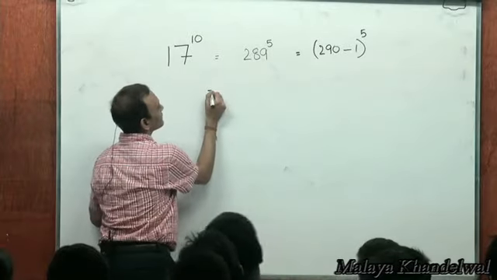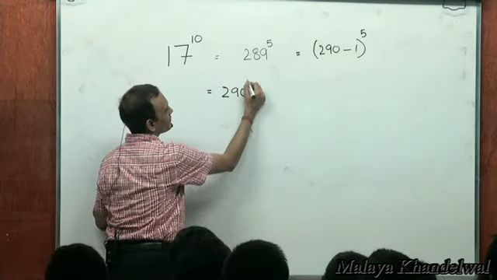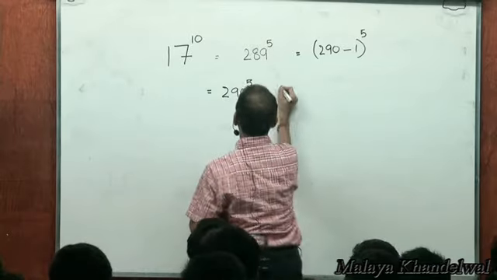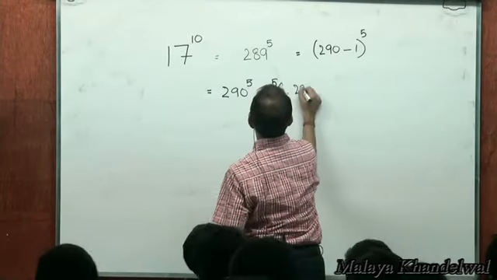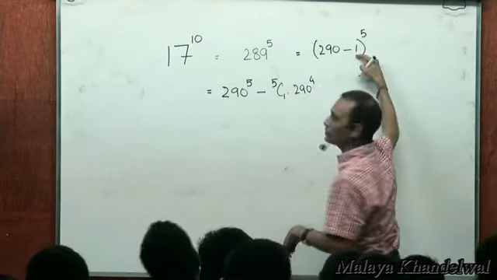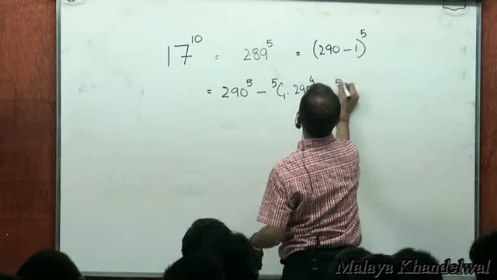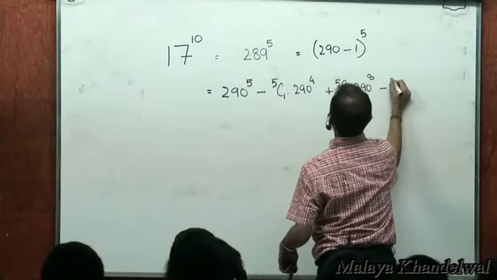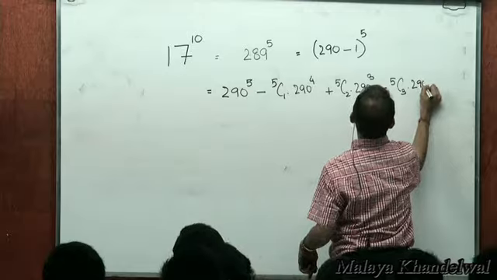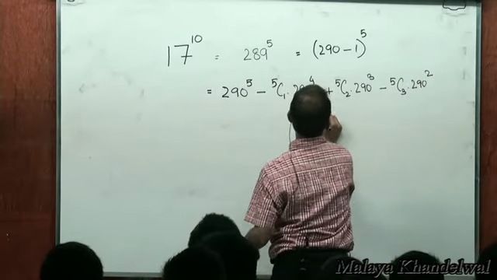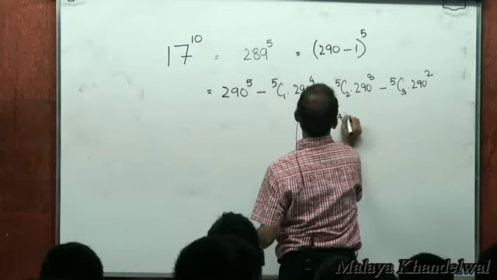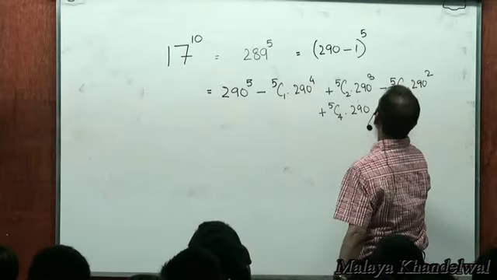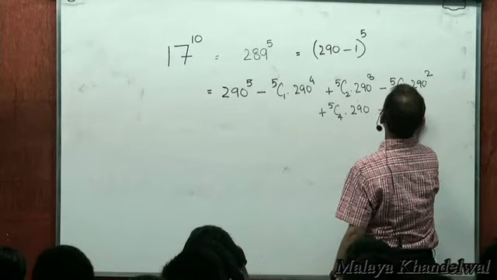This is 290 to power 5 the first term, 5C0, then the terms will alternate. 5C1, 290 to power 4 into 1 plus 5C2, 290 whole cubed, 5C3, 290 squared, 290 minus 5C5. Yes or no?